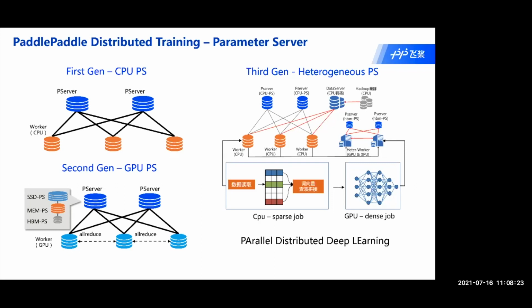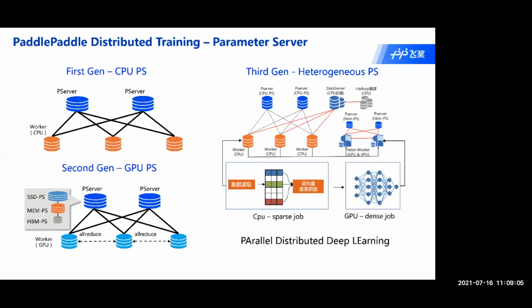Later, as network structures in the model became more complex, and with the further pursuit of training efficiency and cost performance, the parameter server technology was also updated. The second generation is the pure GPU parameter server, which integrated a 3-layer storage architecture and RPC and NCCL hybrid communication with multiple highlight technologies. Model training that previously used 100 CPU machines can now be completely replaced by one multi-core GPU machine.